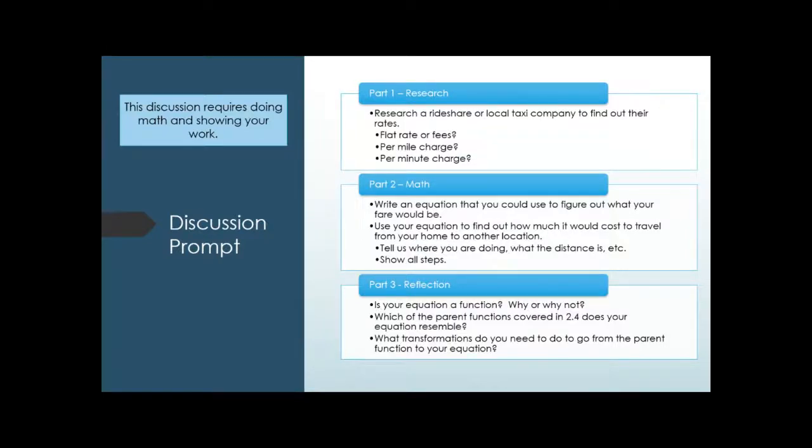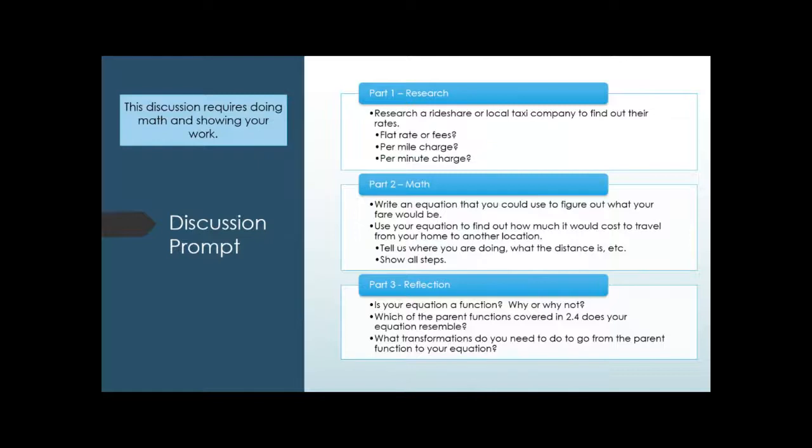If you're using Uber or Lyft, those usually charge per mile and per minute. So you're going to have 2 input variables. There's usually still some sort of flat rate or a fee, but you'll still have 1 output. And so your equation's a little more complicated because we have 2 things that you're plugging in. You're plugging in the number of miles and then the number of minutes, but you can still get an equation.